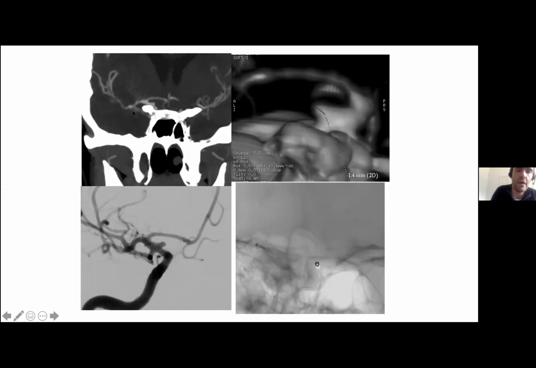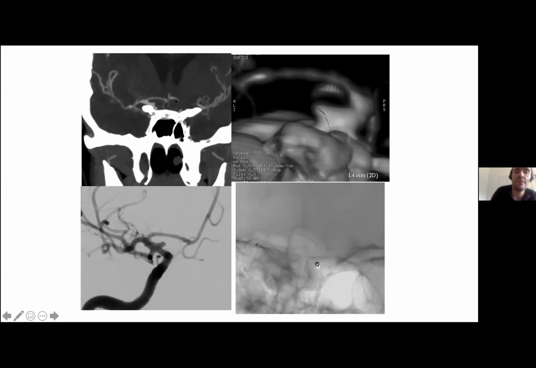A few days down the line she ended up with a CTA again, because there was a lot of unease about her because she was young, early 30s or so. Depending on the clinical scenario, case by case, these patients have repeated vascular imaging to see if something develops. You can see she's got vasospasm.